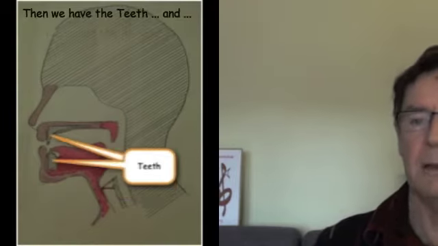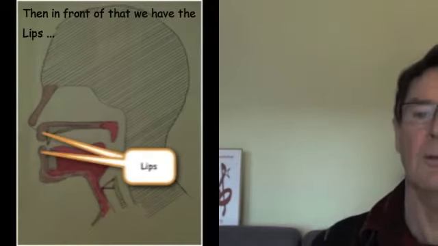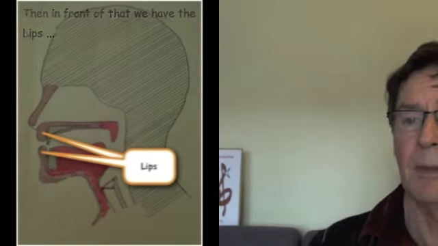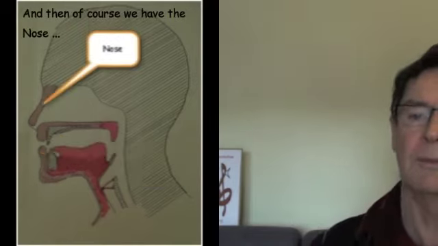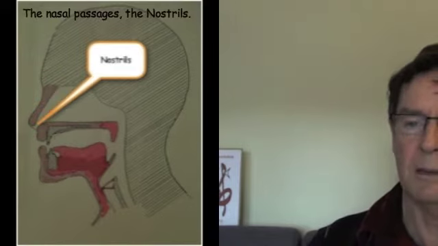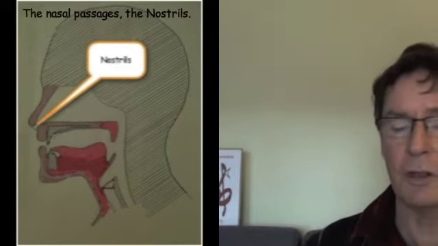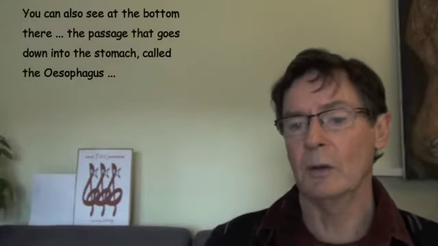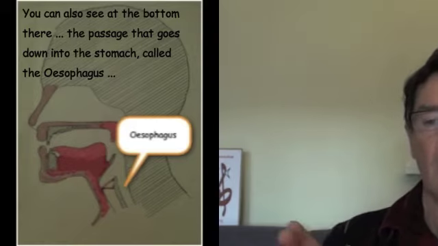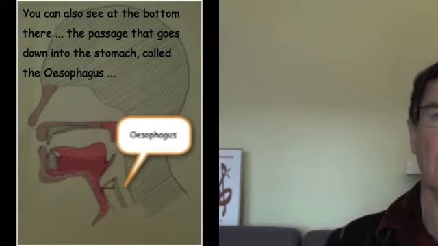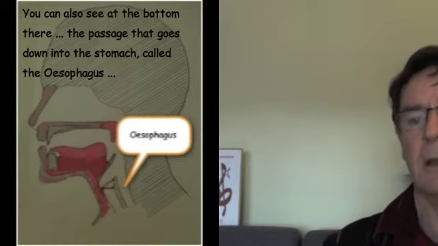Then we have the teeth, and then in front of that we have the lips. And then of course we have the nose, the nasal passages, nostrils. You can also see at the bottom there the passage that goes down into the stomach, called the esophagus.